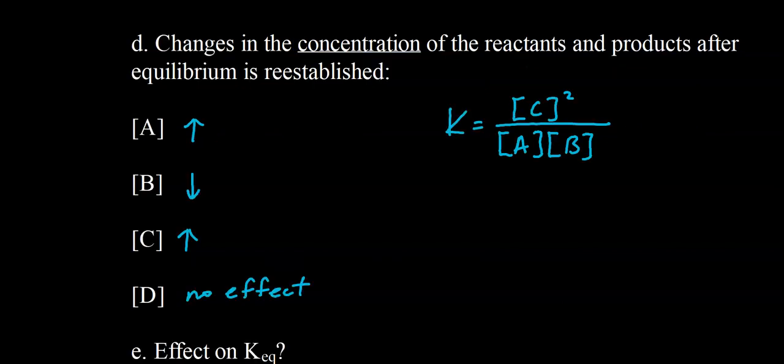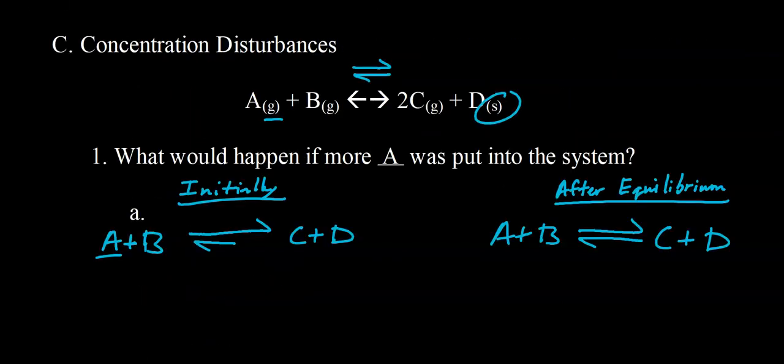If you add a substance, which way does the equilibrium shift relative to that substance? Well, if you add A, which way does the equilibrium shift? The equilibrium will shift to the right to get rid of some of the A. So when you add a substance, the equilibrium will shift away from that substance. In this case, to the right.